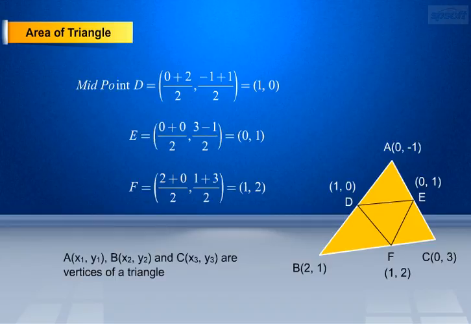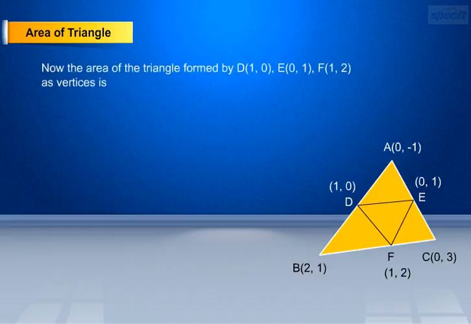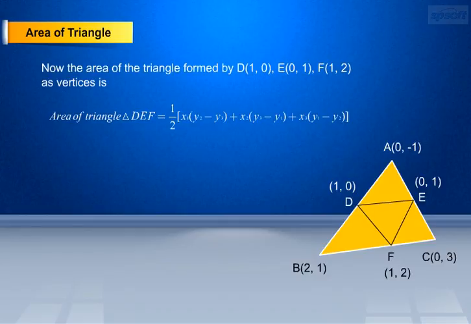A(x1, y1), B(x2, y2), C(x3, y3) are vertices of a triangle. Now the area of the triangle formed by D(1, 0), E(0, 1), F(1, 2) as vertices is: area of triangle DEF is equal to 1 divided by 2 into [x1 into (y2 minus y3) plus x2 into (y3 minus y1) plus x3 into (y1 minus y2)].